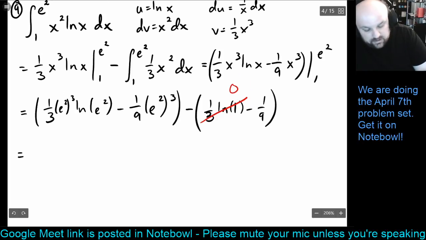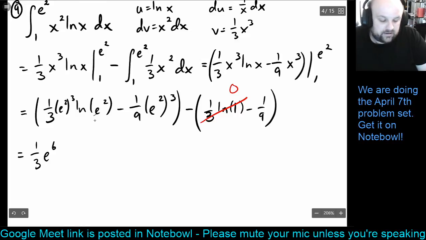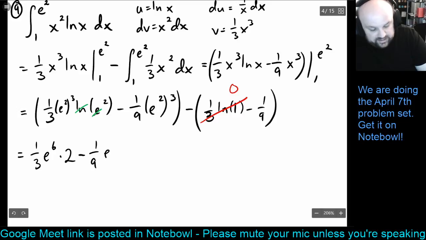All right. So here we have 1/3 e to the 6th. Now ln of e squared is going to be 2, because remember the ln and the e cancel out. So this is times 2. Here we have minus 1/9 e to the 6th. And then here we just have plus 1/9.